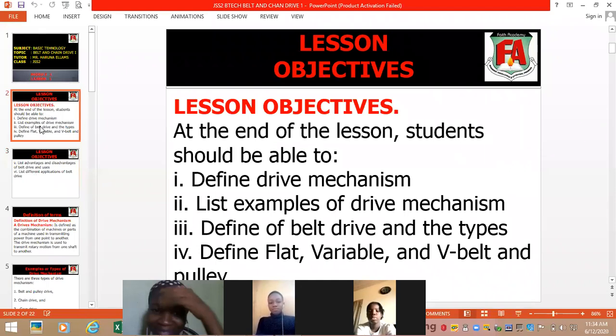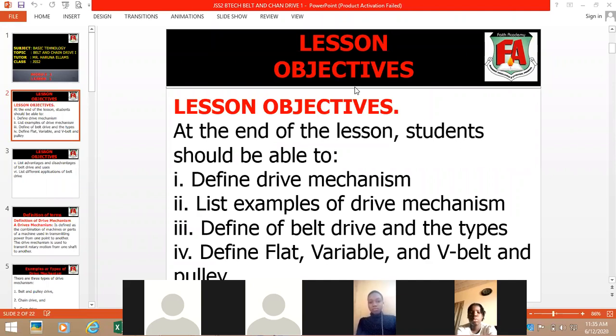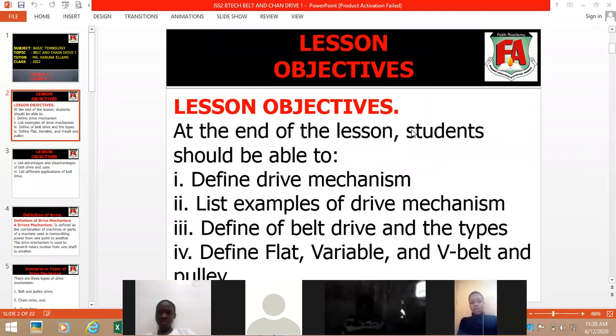I'll go back again. At the end of the lesson, students should be able, 1, to define drive mechanism. 2, to list examples of drive mechanism. 3, you should be able to define belt drive and the types. 4, you should be able to define flat belt, variable belt, and V-belt and pulley.